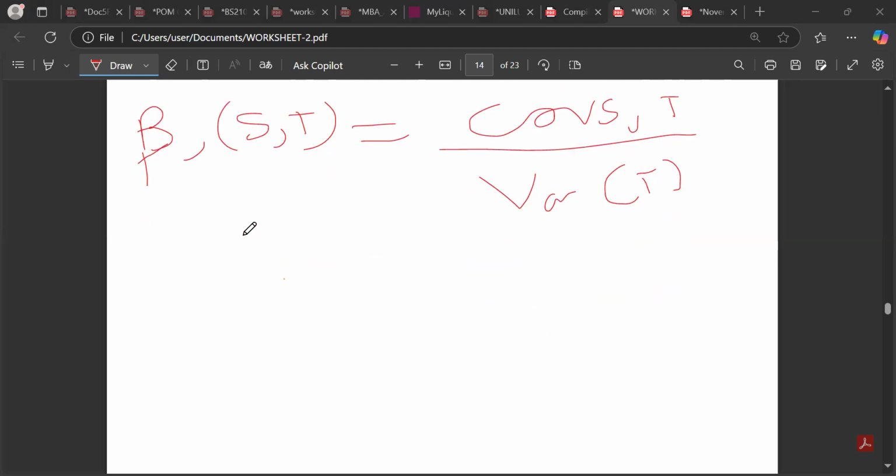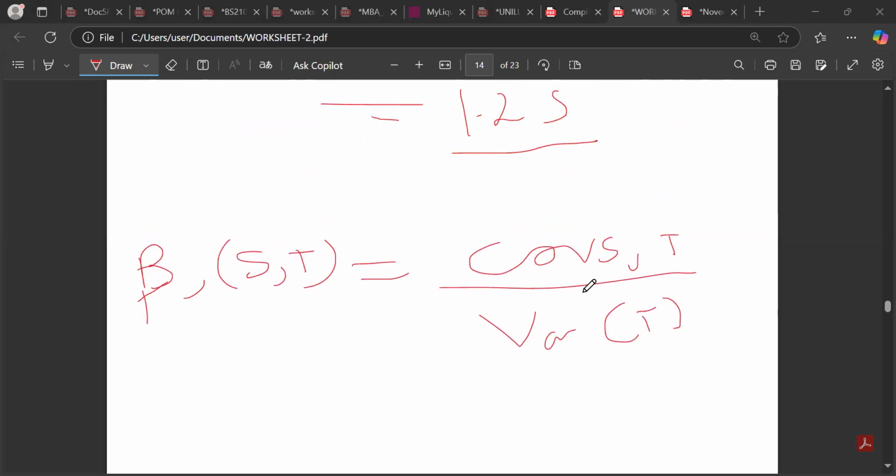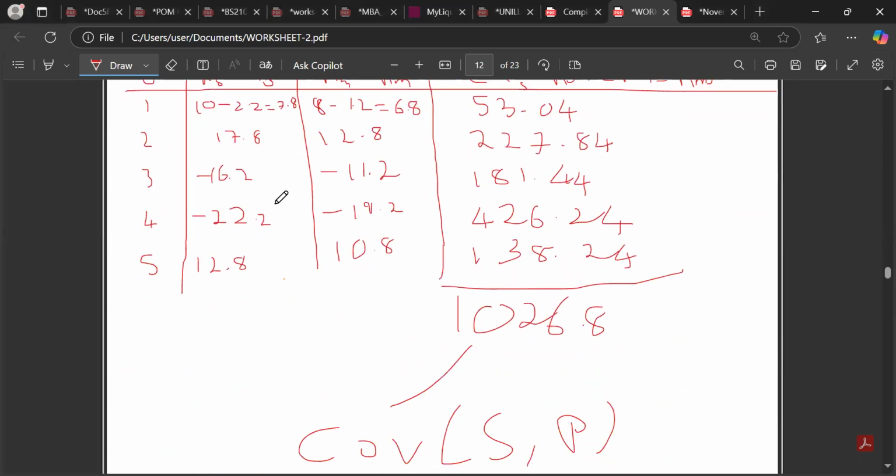So we now find the beta based on this, right? Now keep in mind, we don't have to start doing the whole thing from scratch. We can just do the same thing. For Sophie stocks, keep in mind, we already found Sophie stocks, right? We found this here.